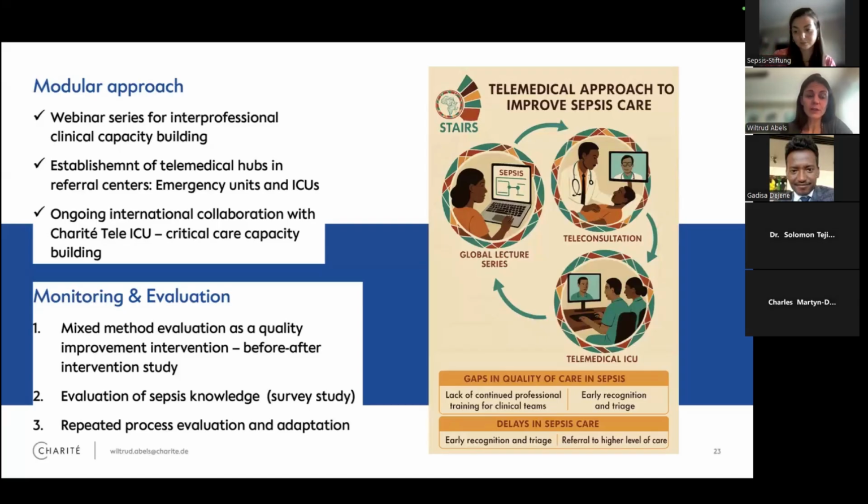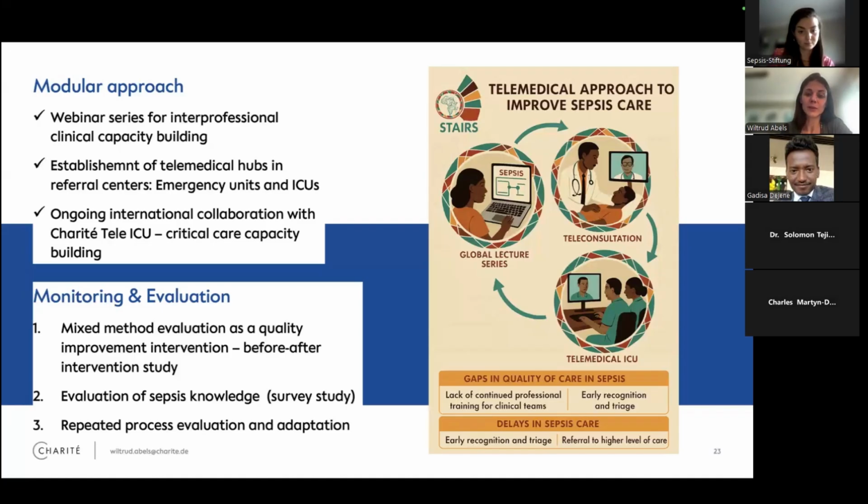The third part of this modular approach is eventually the smallest part of things, but it is still very valuable. We will also have an ongoing collaboration internationally between these referral centers, where the experts are learning to use telemedicine for giving recommendations to secondary hospitals and smaller emergency units.